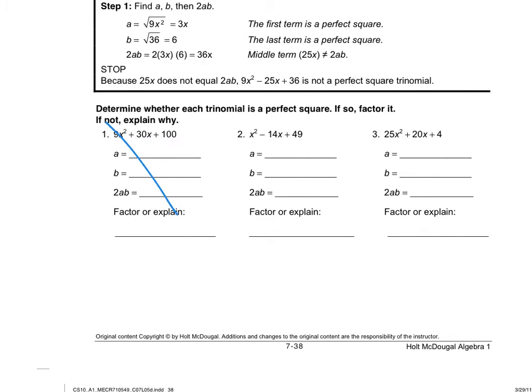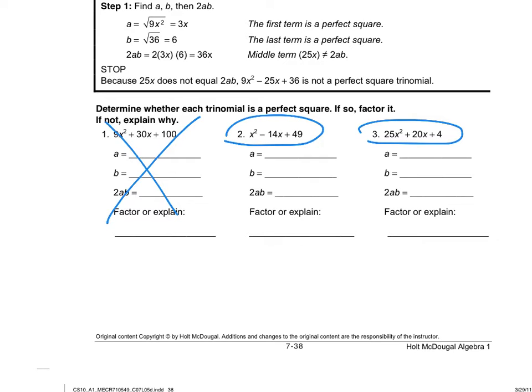So don't do that one. You can skip that one. However, number 2 and number 3 can be factored. Those are perfect square trinomials. So you can factor those. So let me demonstrate number 3. Now, number 2, you could do it the same way you did 7.3. Look for the factors of 49 that give you negative 14.